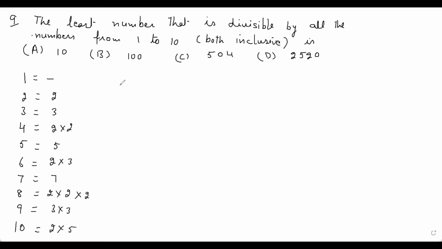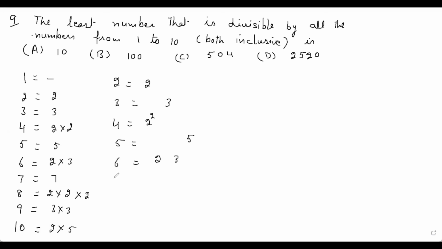I'll write the prime factors of all these numbers. Now the prime factor of 2 is 2. The prime factor of 3 is 3. Let me write 3 here. The prime factor of 4 is 2 raised to power 2. The prime factor of 5 is 5. The prime factors of 6 are 2 and 3.